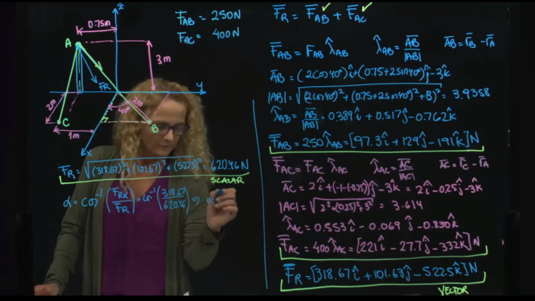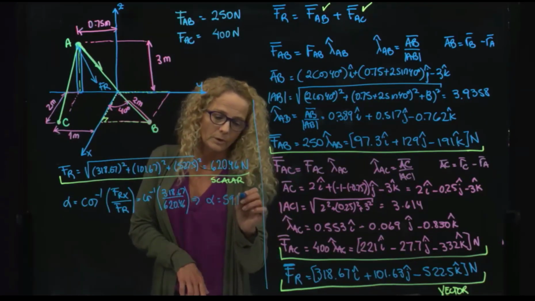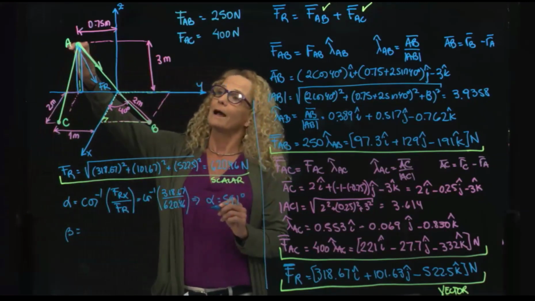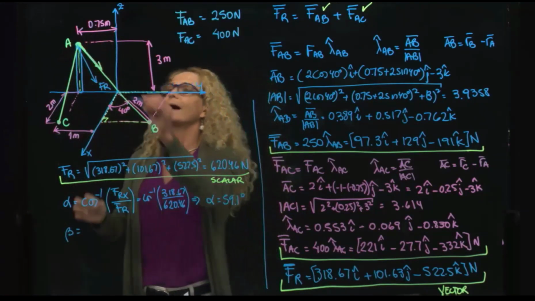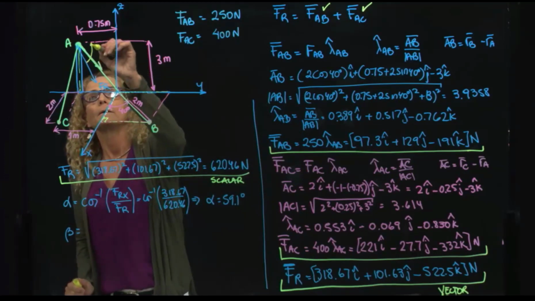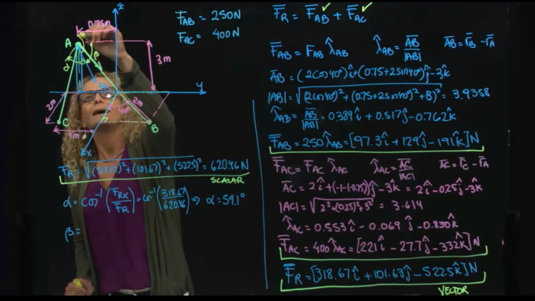That gives me alpha equal to 59.1. Then beta, which is the angle that it forms with the y-axis, will be this angle right here. This will be beta. This will be alpha. And the one with the z-axis will be gamma.